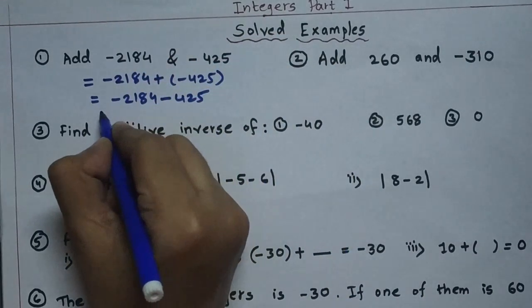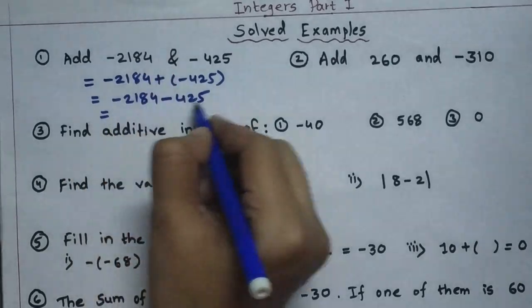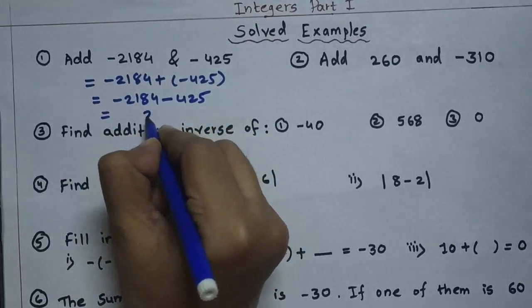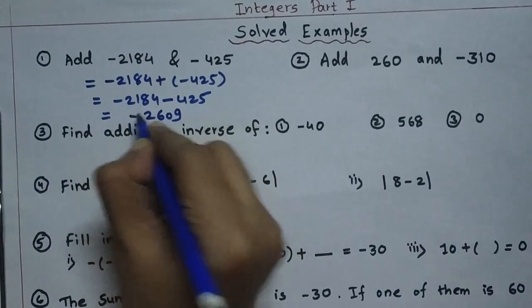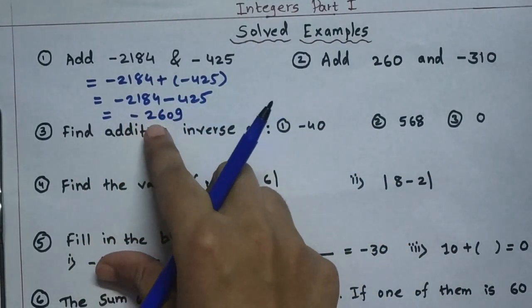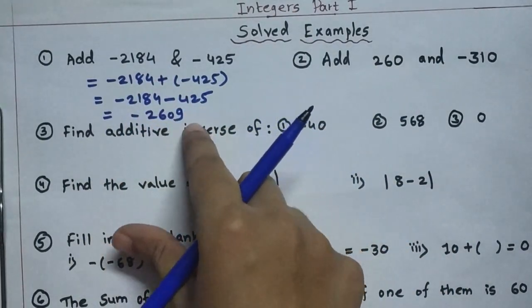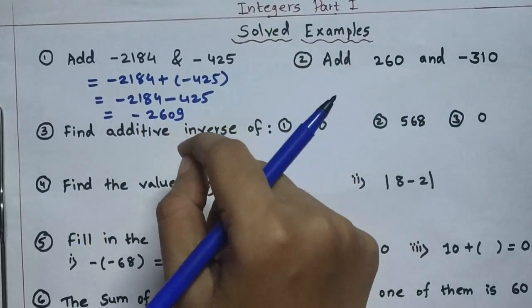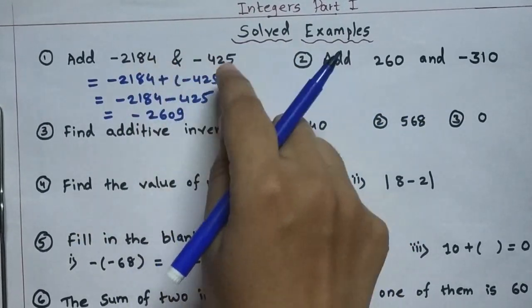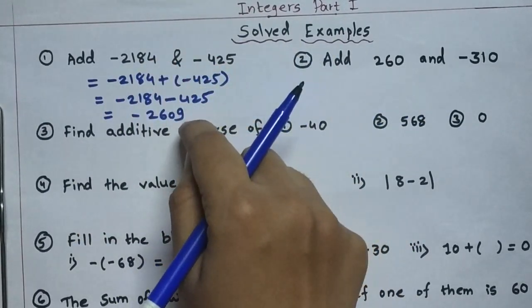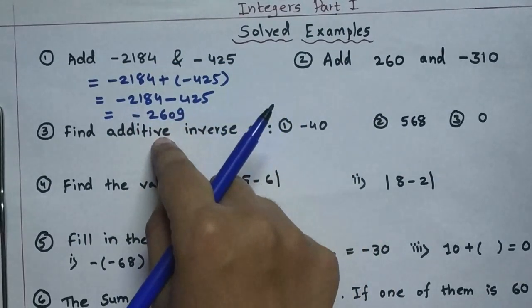So I am going to add it. When I add it, it will become minus 2609. Again, let me revise once: both are negative integers, and when we add them, you have to follow this procedure.